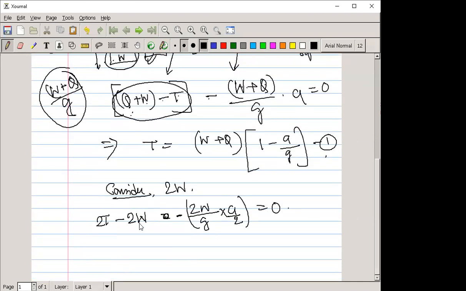So here we get 2T minus 2W. From here, please find out the T value. So T is how much? A by 2g times W, plus 2W, within it is half.